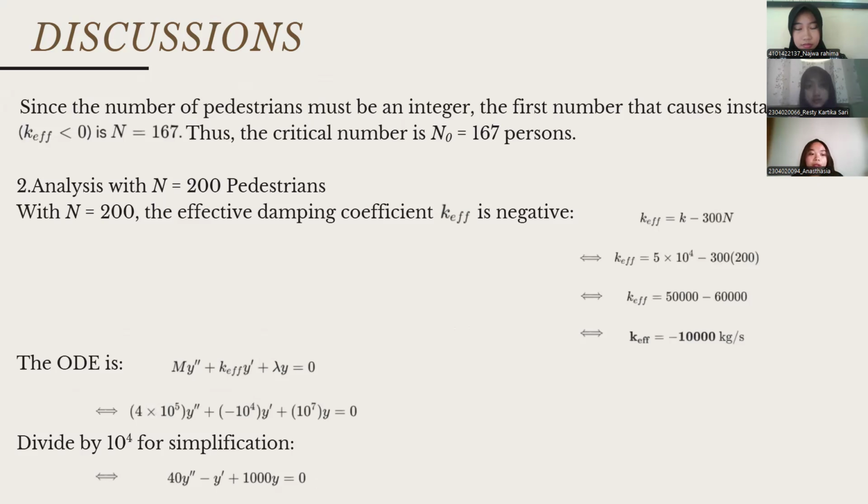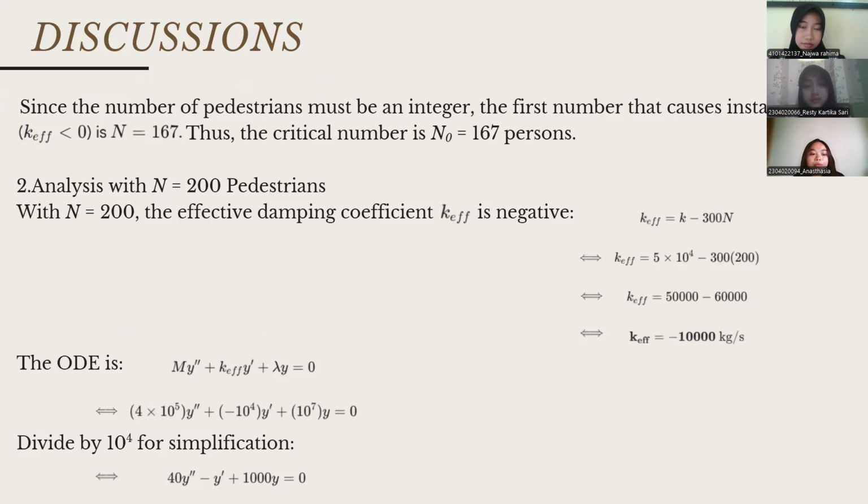And the ODE is m y double prime plus K effective y prime plus lambda y equals 0. Then we input the values: 4 times 10 to the power 5 y double prime minus 10 to the power 4 y prime plus 10 to the power 7 y equals 0.